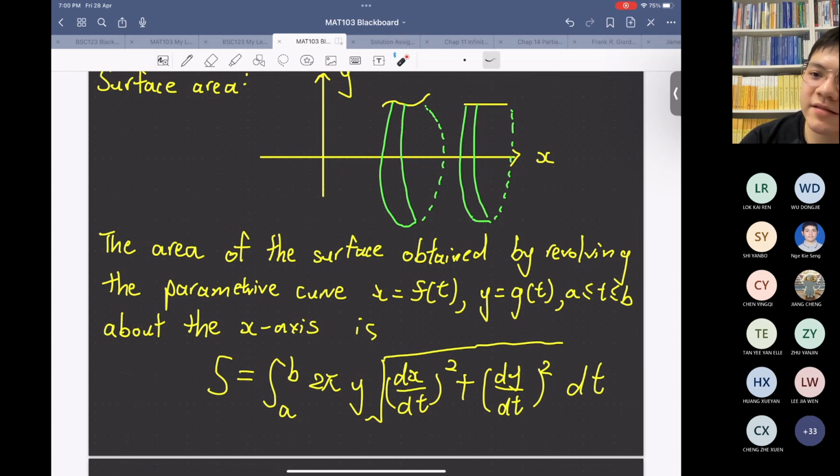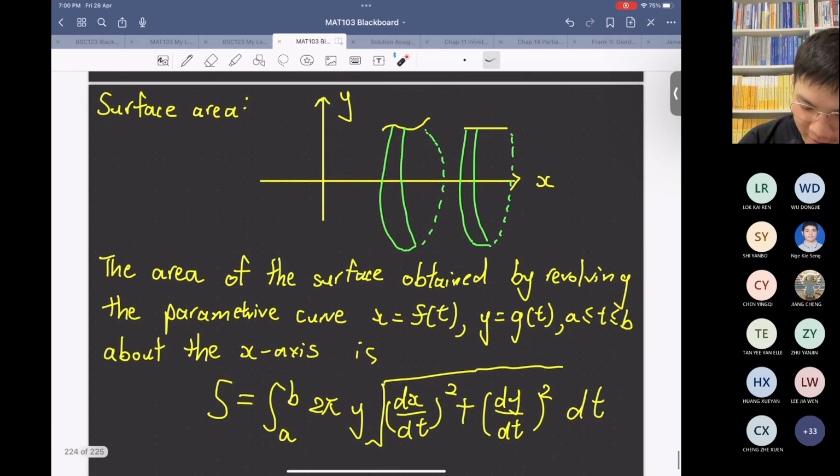Anyone have any idea? What's this yellow thing? Does x or y control the radius?